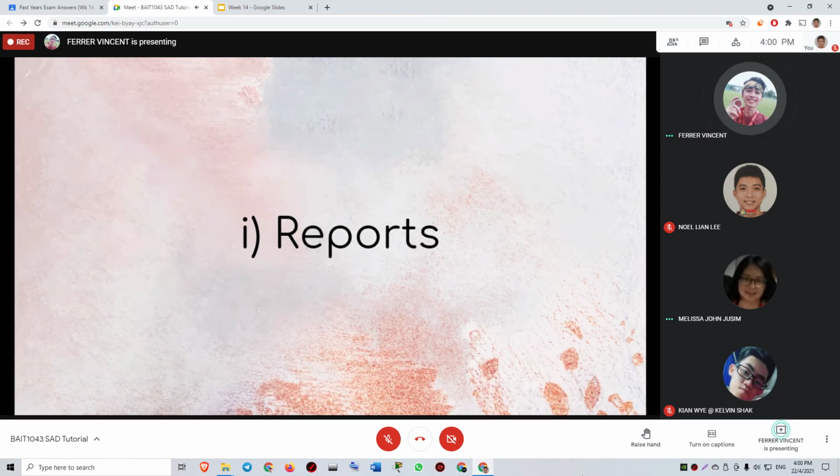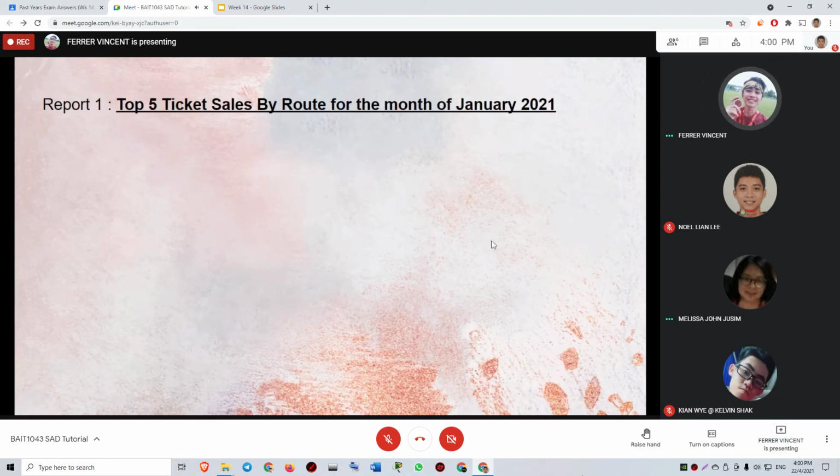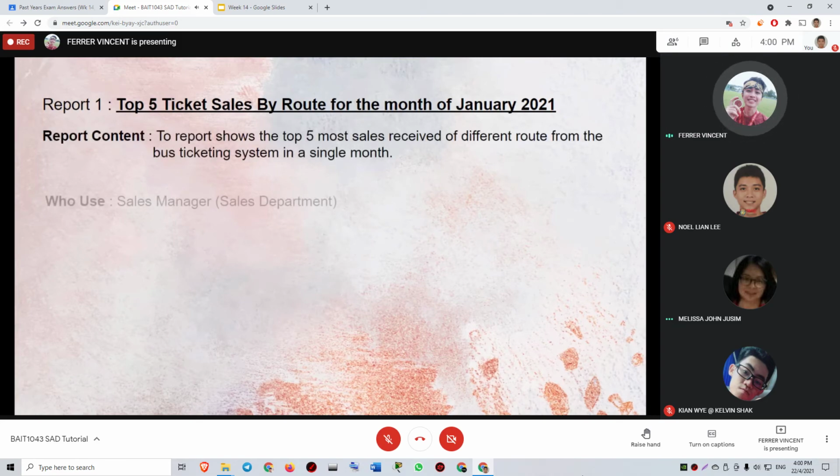Okay. For our presentation, reports. For report number 1, we have the top 5 ticket sales by route for the month of January 2021. The report shows the top 5 most sales received of different routes from the bus ticketing system in a single month.